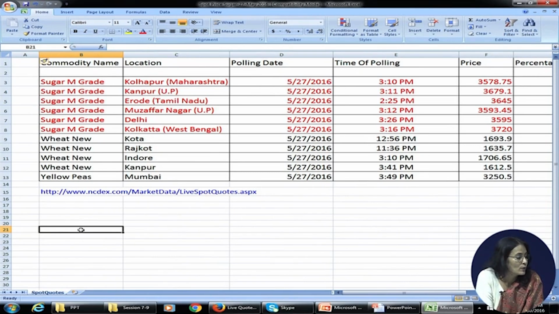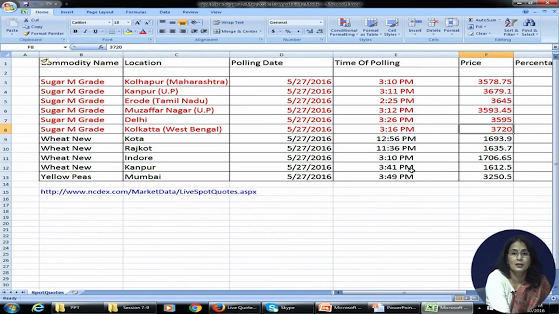So you have Kanpur, Erode, Muzaffarnagar, Delhi, Kolkata, and as clearly visible, the price at Kolkata is 3,720 rupees per quintal, and at Kolhapur it is 3,578.75.